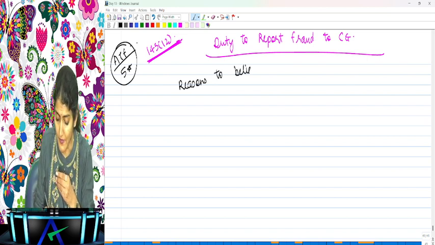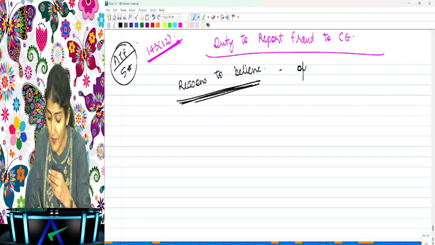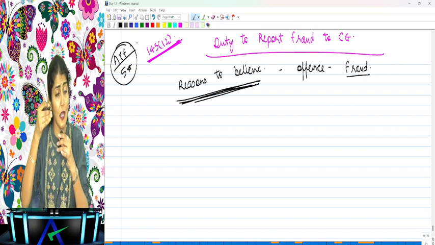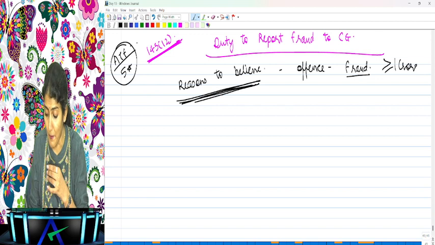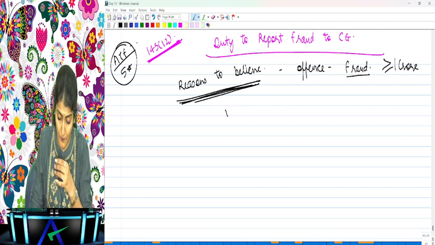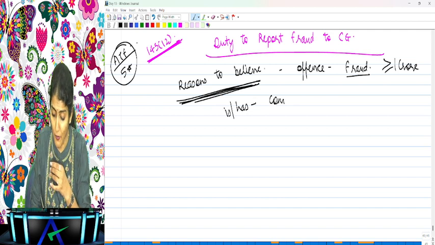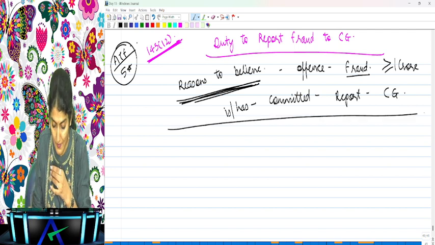What is required is reasons to believe, means you're pretty sure, that an offense involving fraud is being or has been committed, so present or past, involving an amount of 1 crore or above, against the company by its officers or employees, it shall report the matter to the central government in the manner as may be prescribed.